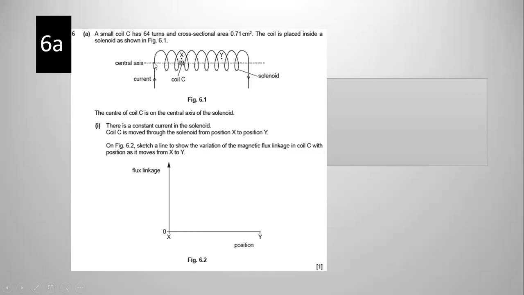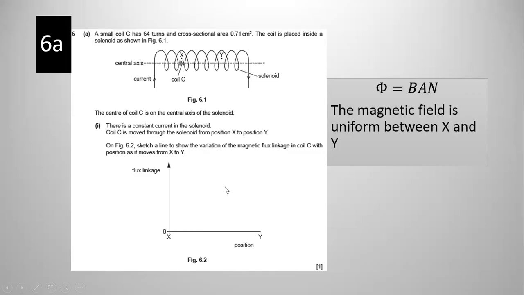As long as it's not too outside, the field is uniform. Flux linkage is constant. Anywhere, it can be up or down, doesn't matter, as long as it's a horizontal line.